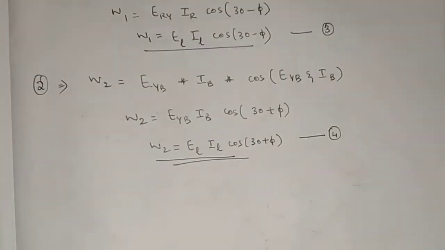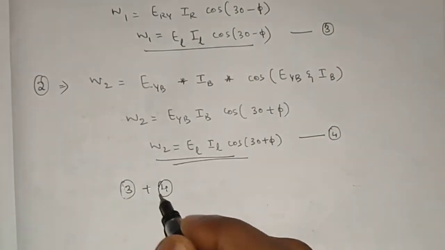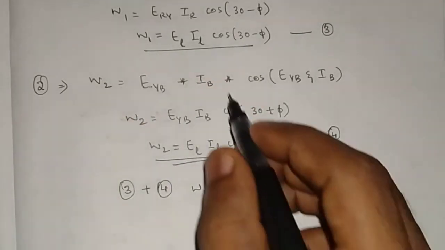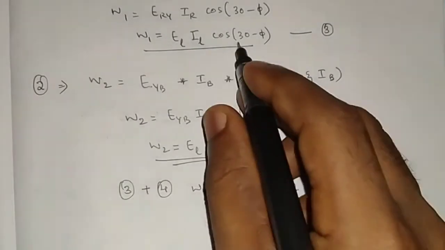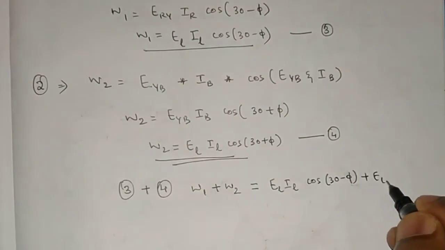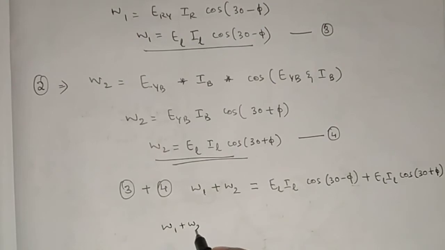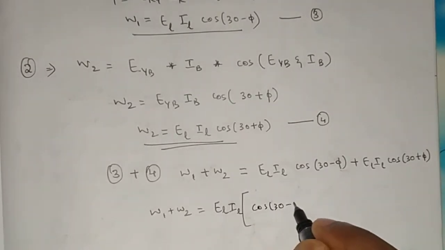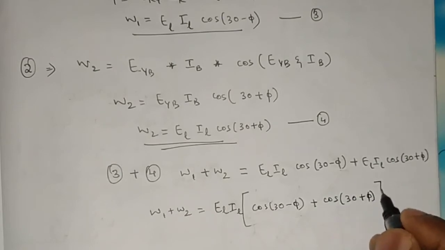In order to prove that two wattmeters are sufficient to measure 3-phase power, I am going to add equation number 3 and equation number 4. On the left side, W1 plus W2 is equal to, on the right side, EL IL cos(30 minus phi) plus EL IL cos(30 plus phi). On the left side I will write W1 plus W2 as it is. Now I will simplify this. EL IL I will take as common from both terms. So cos(30 minus phi) will remain inside the bracket, plus the second term cos(30 plus phi) will remain inside the bracket.